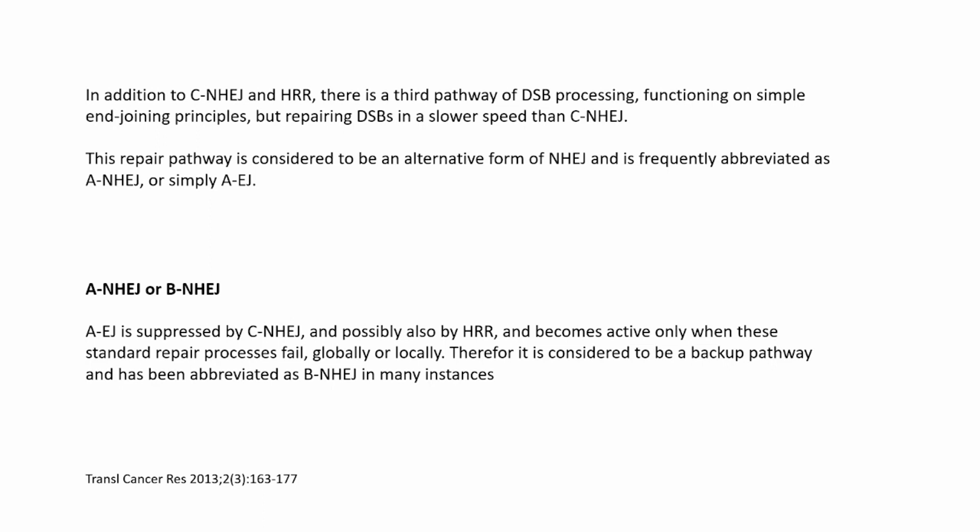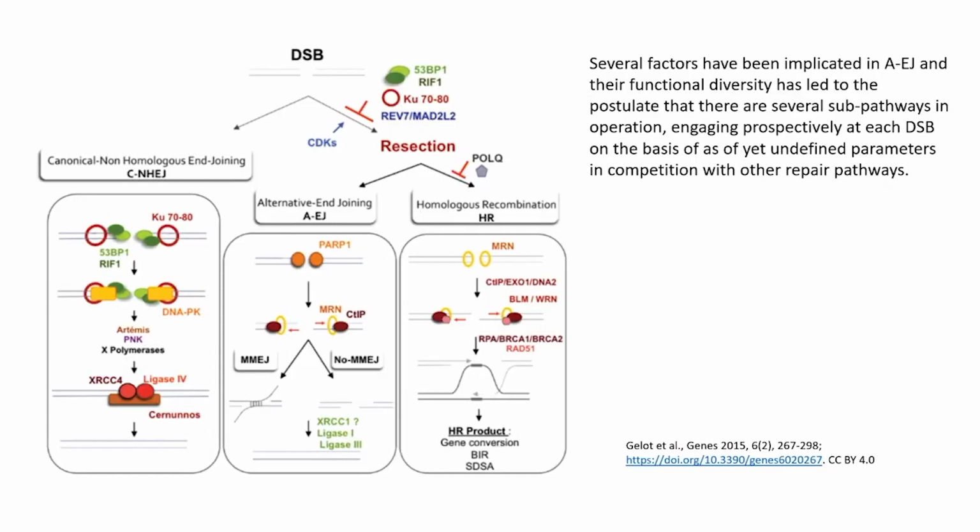Under that circumstance only alternative NHEJ will come into action, and this repair may take place at the local level to the global level. For this reason, this is considered as a backup pathway. If conventional NHEJ and HRR fail, then alternative NHEJ comes into action as a backup mechanism. So, for this reason, it is also sometimes preferred to be called as B-NHEJ by certain groups of people.